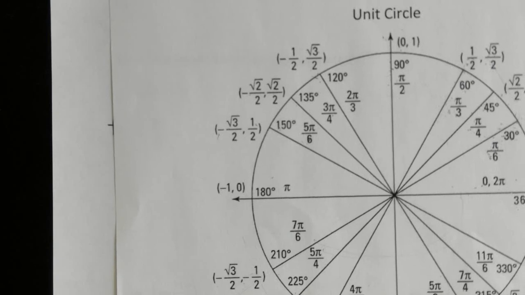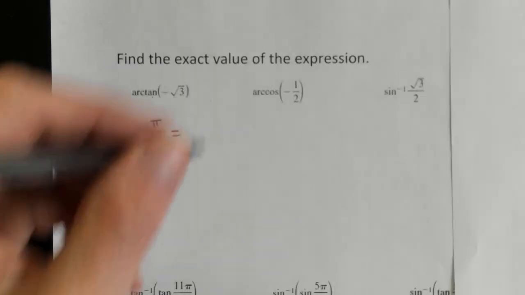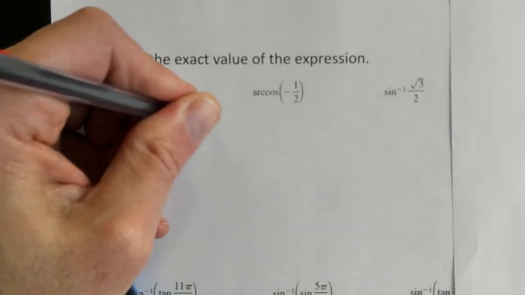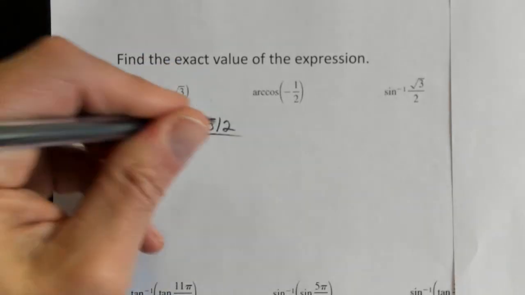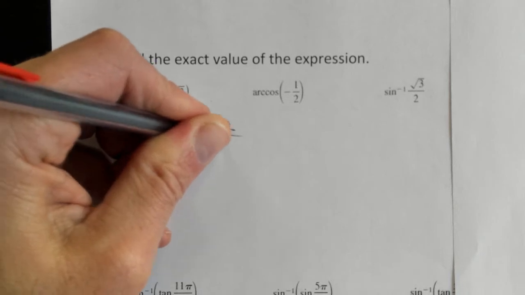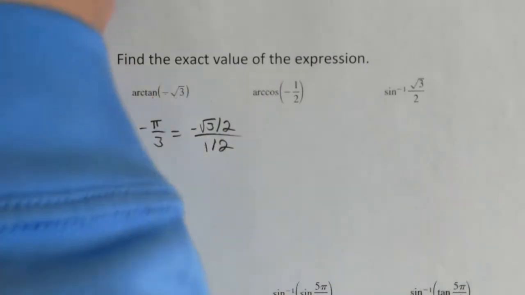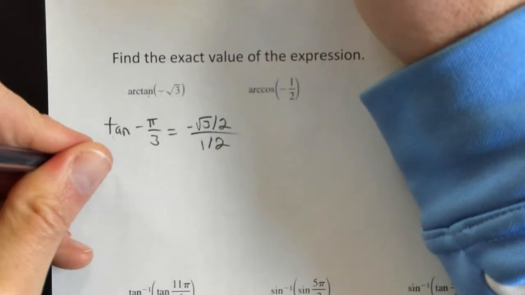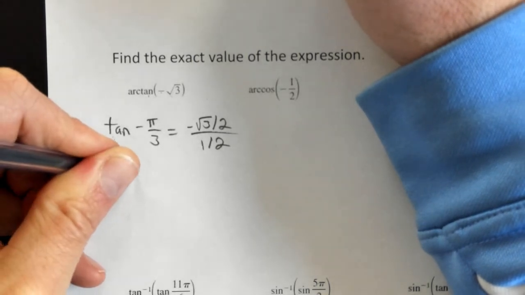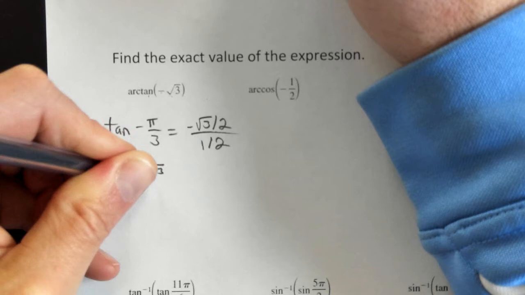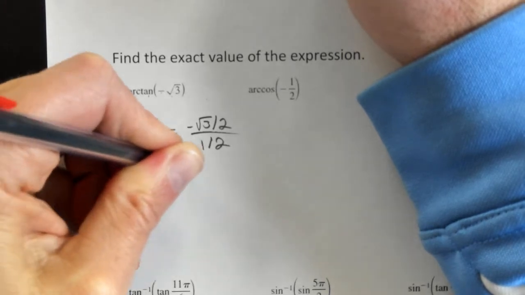And so that's going to be y over x, which is negative square root of 3 over 2 divided by 1 over 2. Let's simplify that down. I'll multiply by the reciprocal, so that's negative square root of 3 over 2 times 2 over 1.